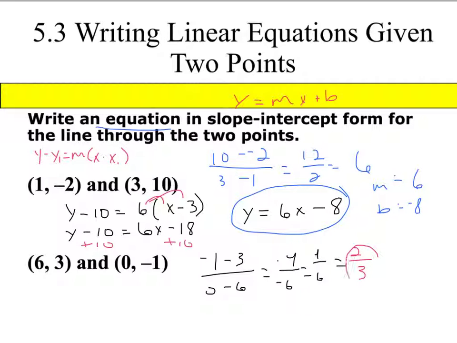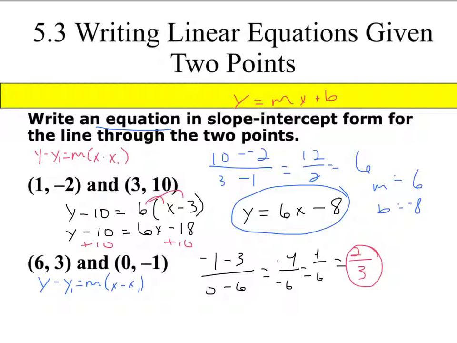I'm going to use it in simplest form, and I'm just going to simplify it as far as it can go. Once I have a slope and a point, what do I use? Point slope form. And that's going to be y minus y1 is equal to m times x minus x1. Plug in my point, plug in my slope.